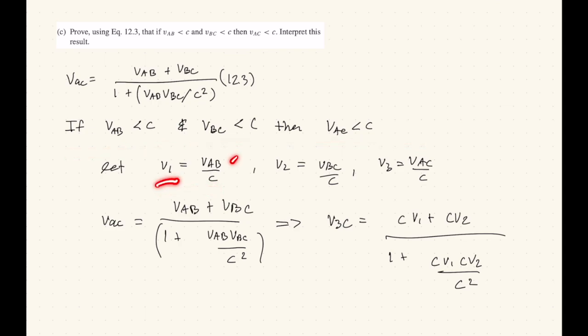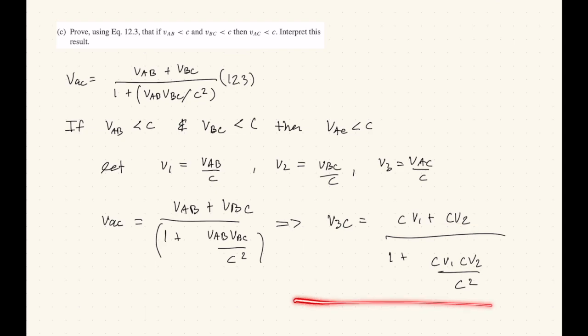V1 is equal to VAB over C, V2 is equal to VBC over C, and V3 is equal to VAC over C. So then, VAC is V3 times C, VAB is C times V1, and VBC is C times V2.